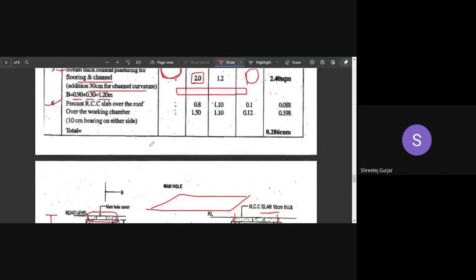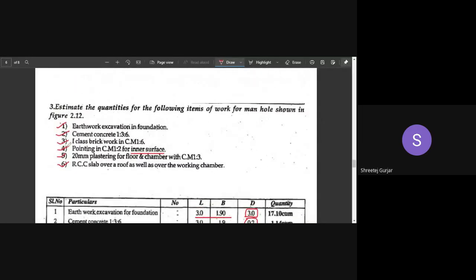Now we have calculated all of these things. We are done with earthwork in foundation, cement concrete in foundation, brickwork, and inside plastering for your walls as well as your floor. Then RCC roof slab, one at the top and one below. So all of this we have calculated.